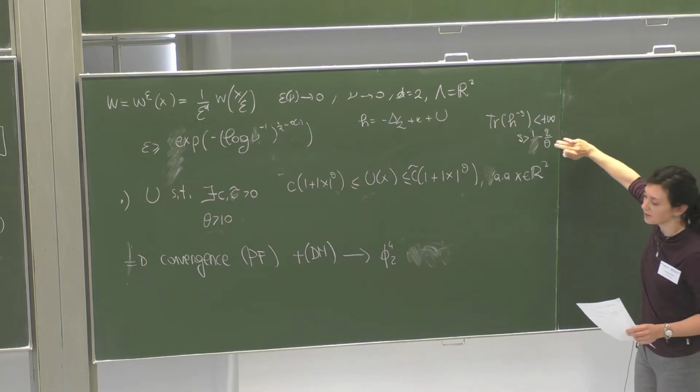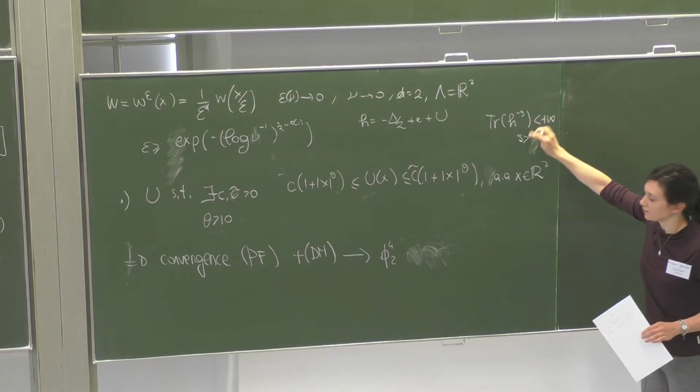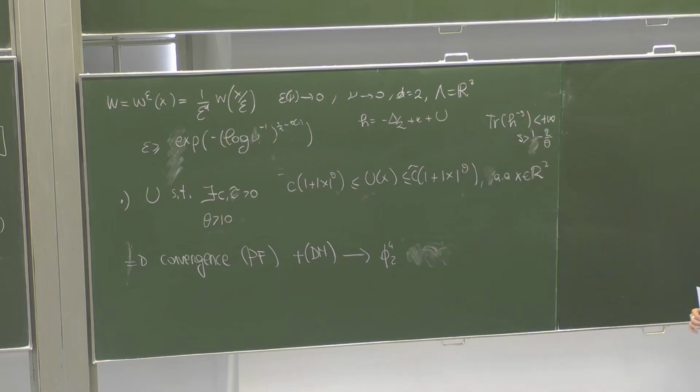This comes from a Lieb-Thirring inequality that needs to be satisfied, to be finite.